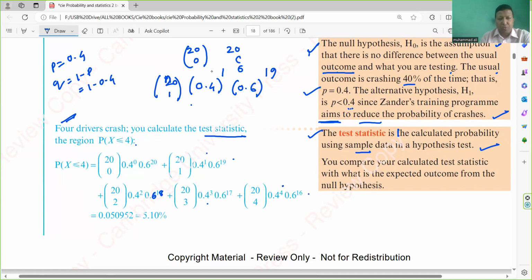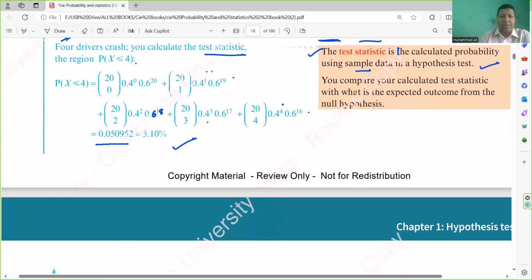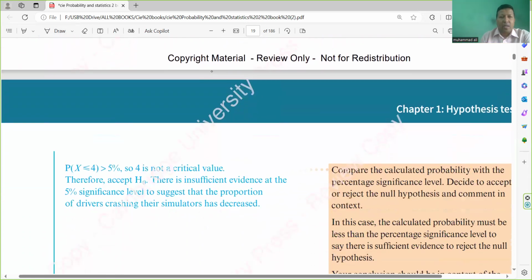After calculation, we get 0.050952, that means 5.10%. So P(X less than or equal to 4) is greater than 5%. 5.1% is greater than 5%.